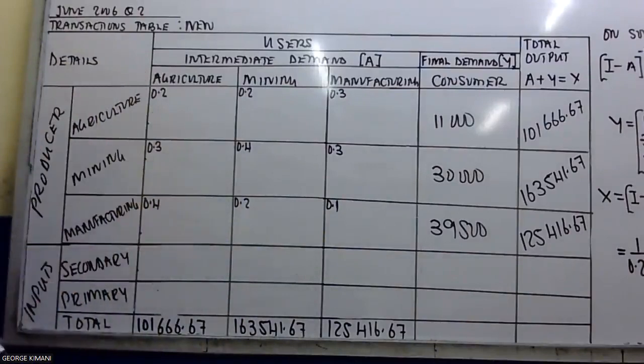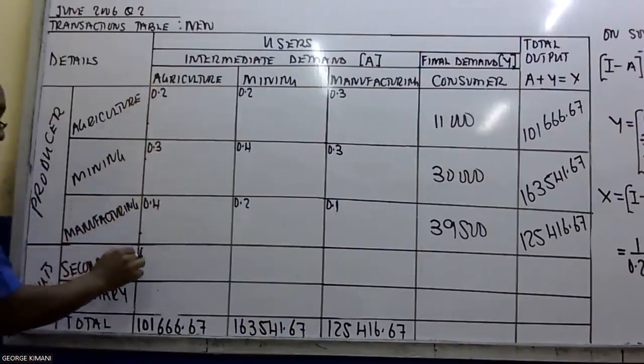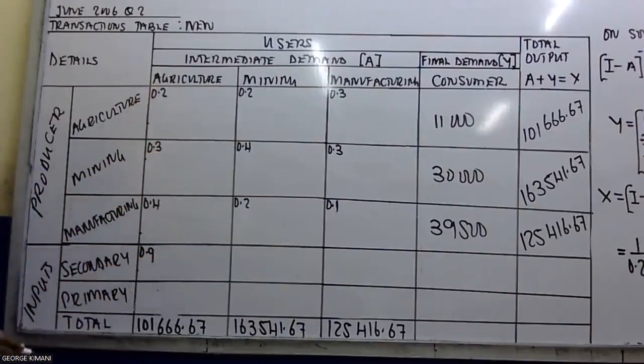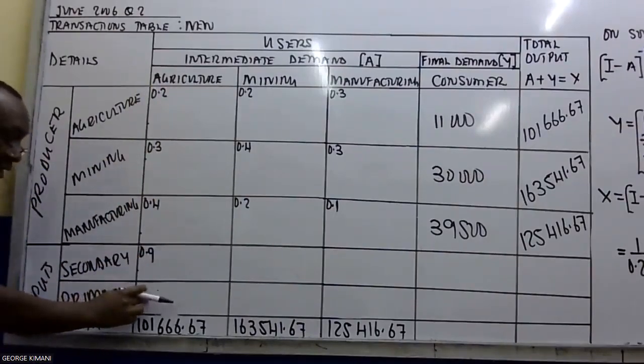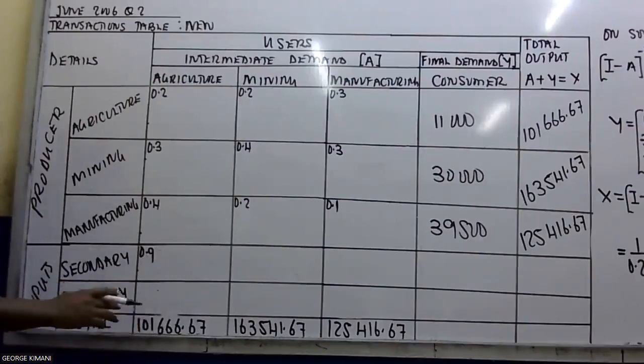Haya, sasa, if you remember what we did with the totals, when you are looking for the secondary, we added what we have here. So the same thing is done with the ratios. If you add this plus this plus this, that would be 0.9. And then you remember, for us to get to the primary here, tulitoa hii from this one. Now, when you're using the ratios, the total is 1. So the primary is what remains for the secondary to be equal to 1.